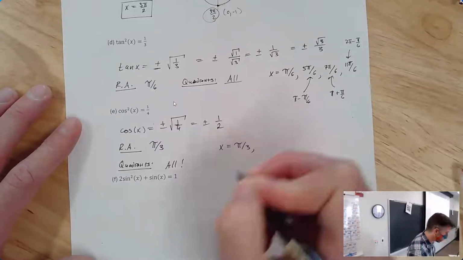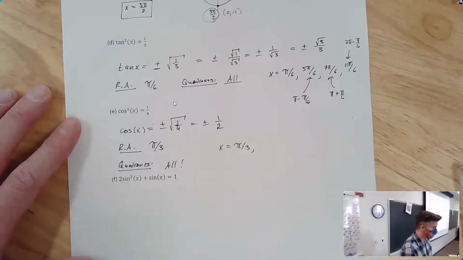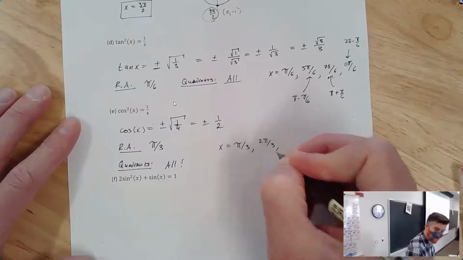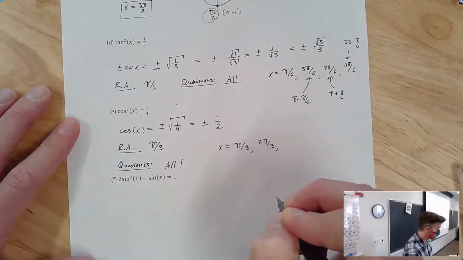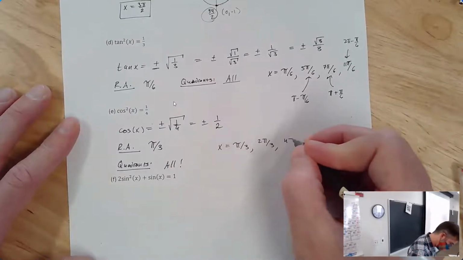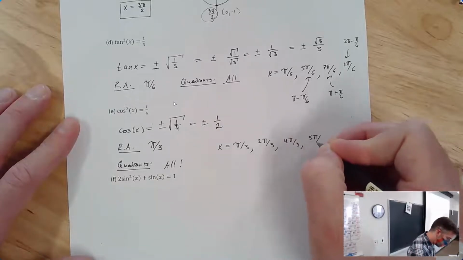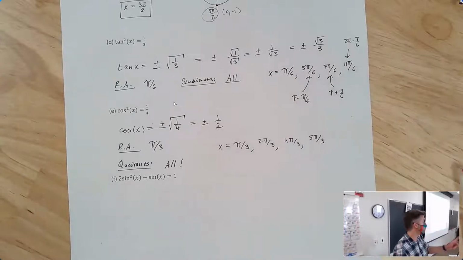What's the next one that doesn't reduce? 3 pi over 3 definitely reduces. 2 pi over 3, and then what? 4 pi over 3, and then what? 7 pi over 3 would be a little too much. It doesn't reduce, but it's bigger than 2 pi.